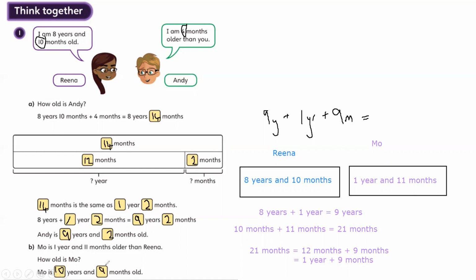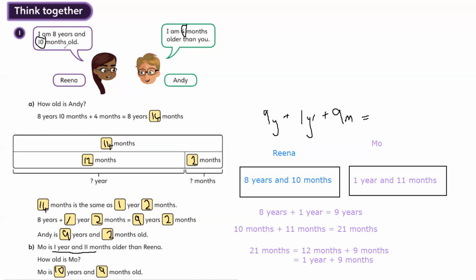Okay, now the interesting thing that we could have thought about is, well, Mo is 1 year and 11 months older. Well, that's actually just 1 month less than being 2 years older. So we could have said 8 years plus 2 years is 10 years, but she's not 10 years and 10 months because she was 1 month less.